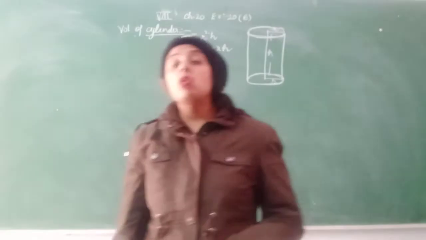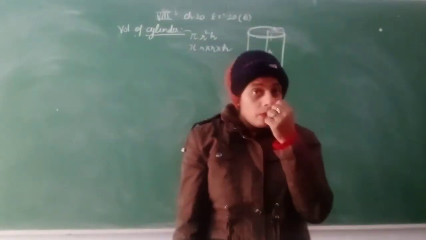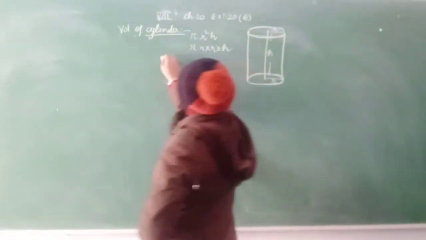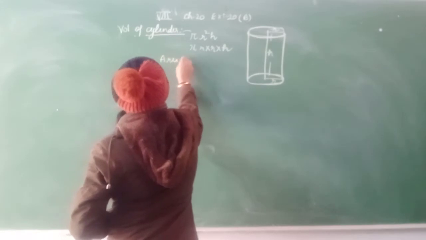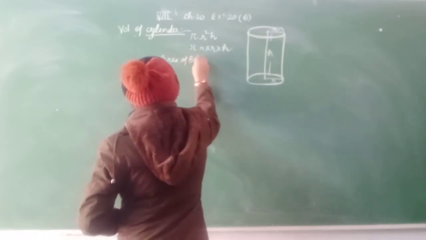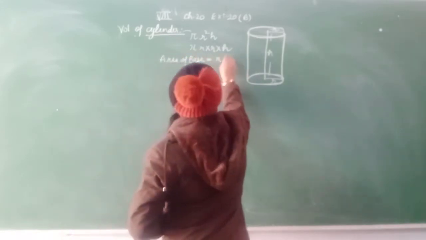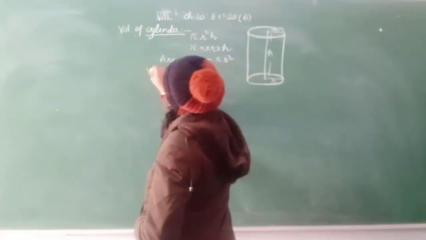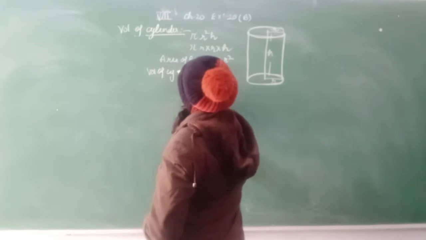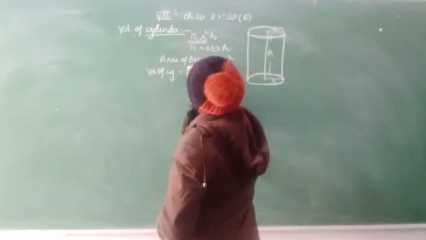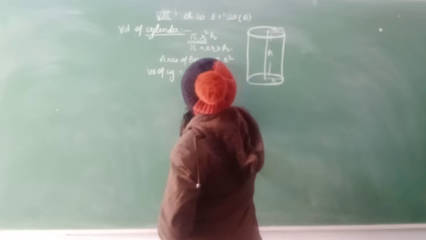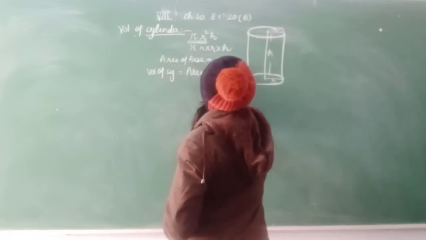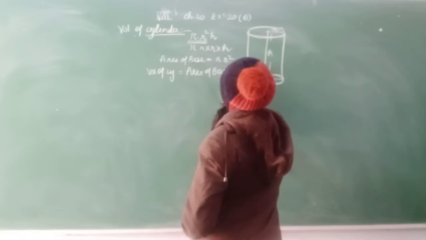So this whole exercise is based on the volume of a cylinder. If I am talking about the area of the base, that is circular, so the area of a circle is pi r square. So you can also write the volume of a cylinder as the area of the base multiplied by height.